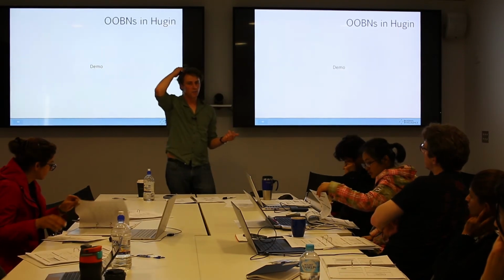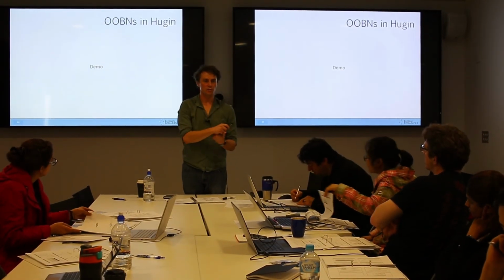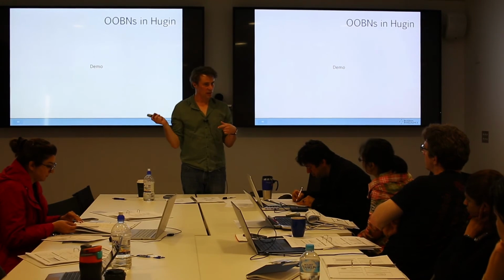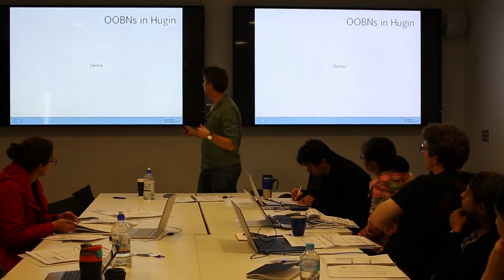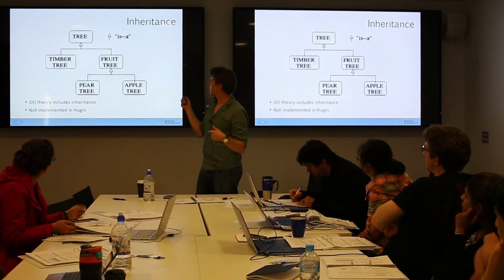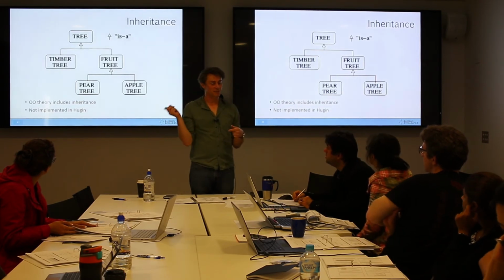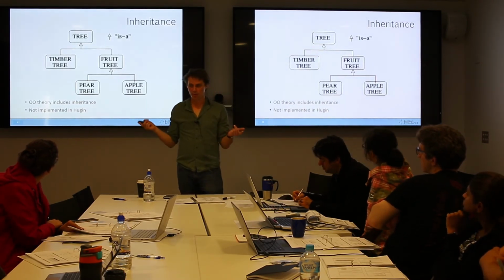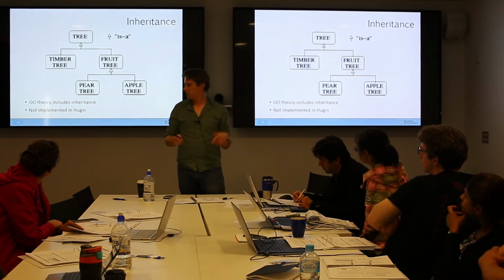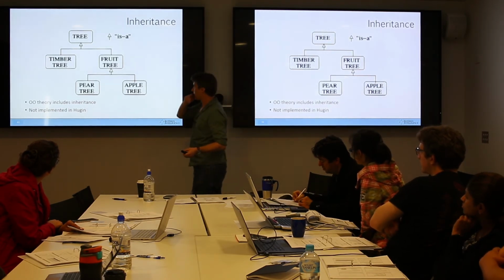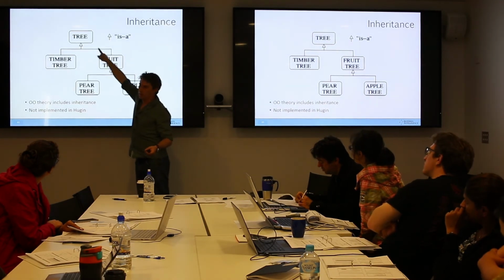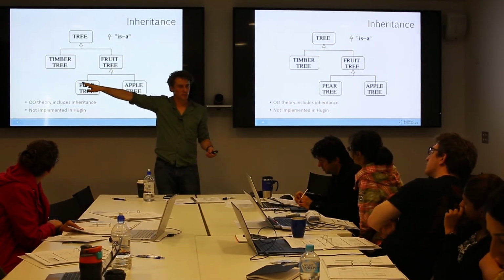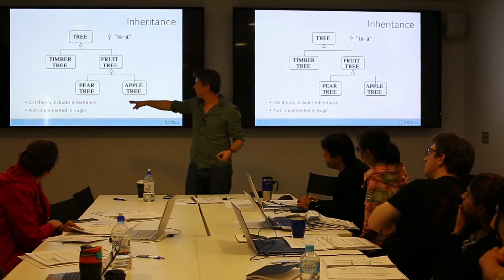Now, we have some research students at Monash who are working on these object-oriented Bayesian networks. There's a couple of things in here which would be really useful, but it's really tricky to work out how to implement this in Bayesian networks. So we're all familiar with this idea of inheritance. If I've got some Bayesian network for a tree, I might want to break it up into 2 different types of trees, timber trees and fruit trees.